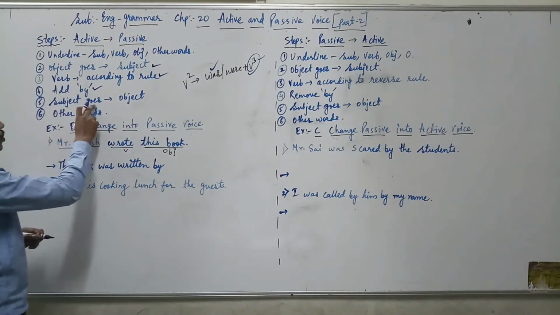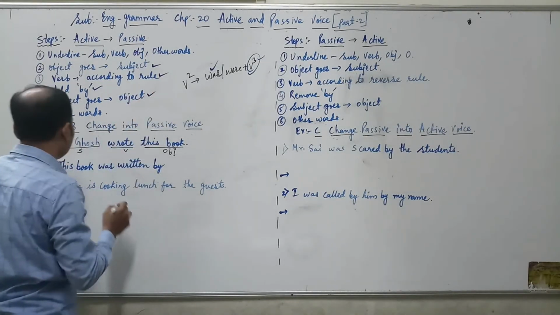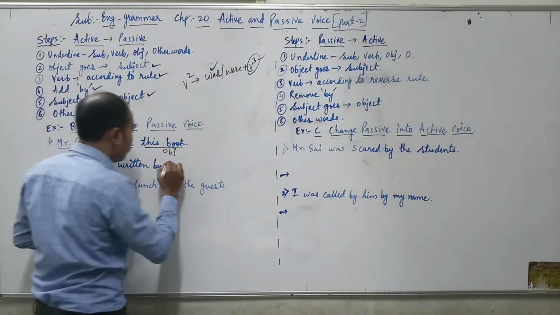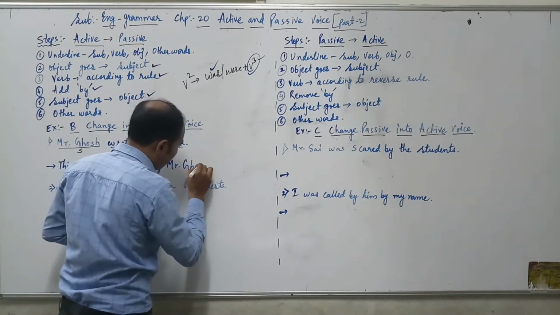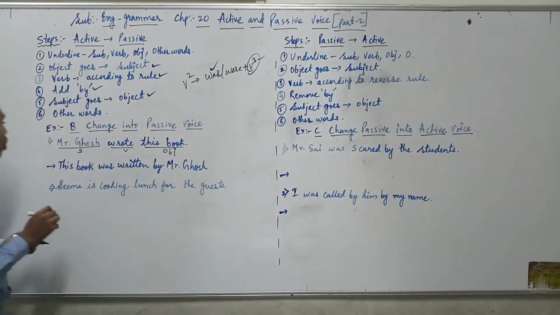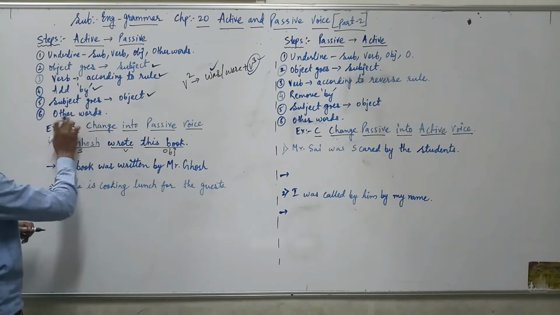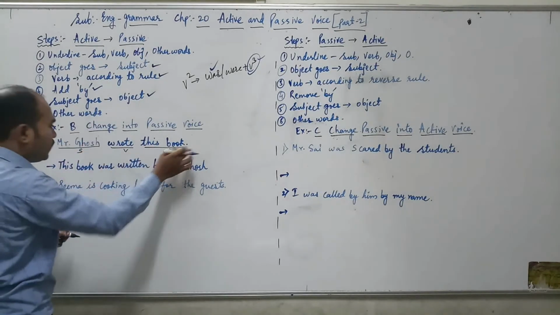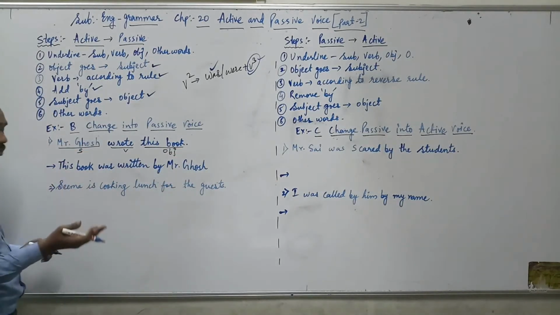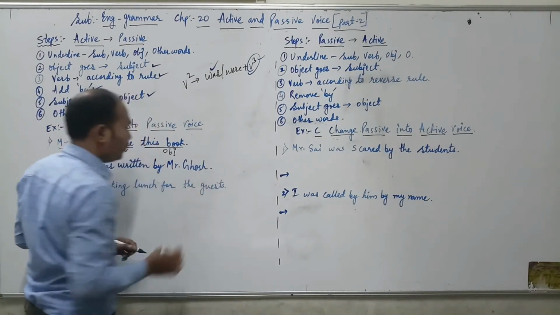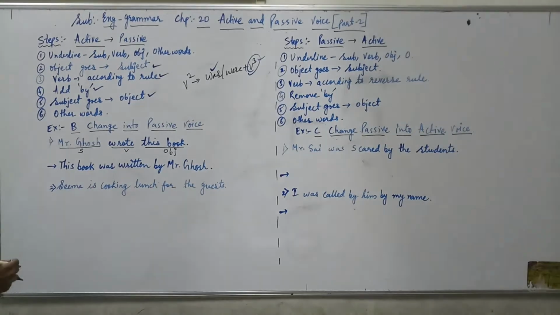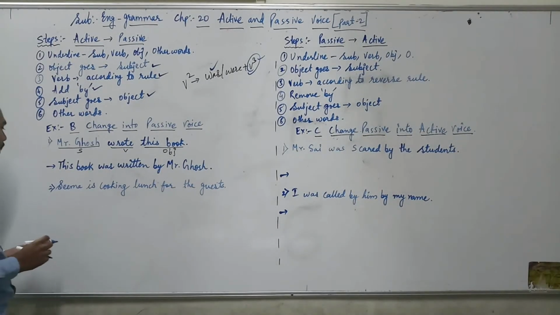Then the subject goes to the place of the object. The subject is Mr. Ghosh. You will write it here, at the place of the object. And finally the other word. The other word is not there. So in this way, your question is solved. This book was written by Mr. Ghosh. Full stop. In this order you have to change from active to passive.